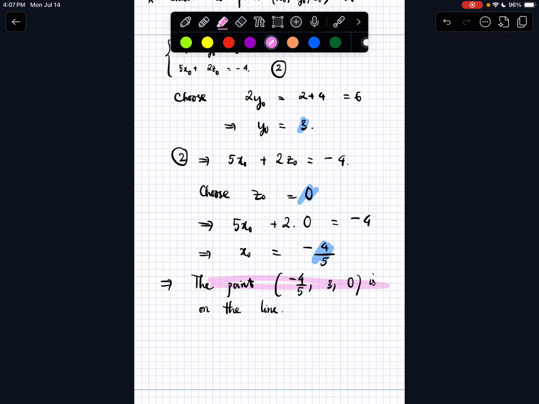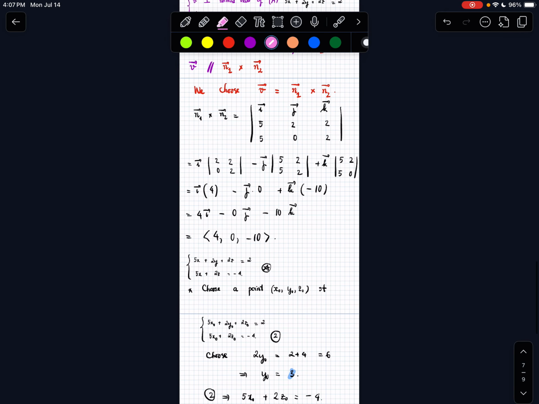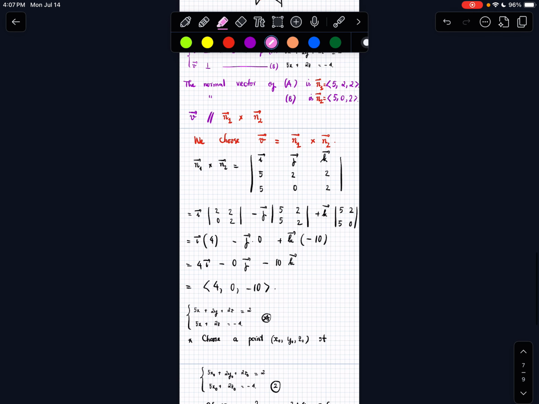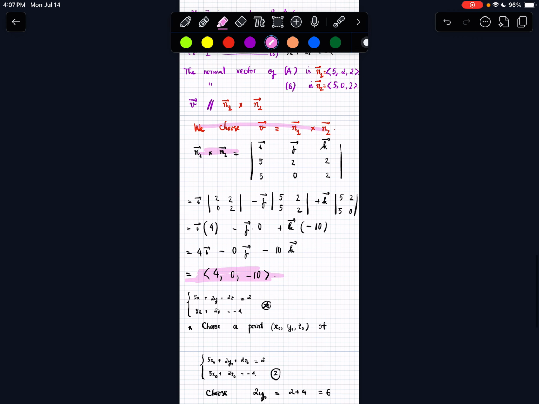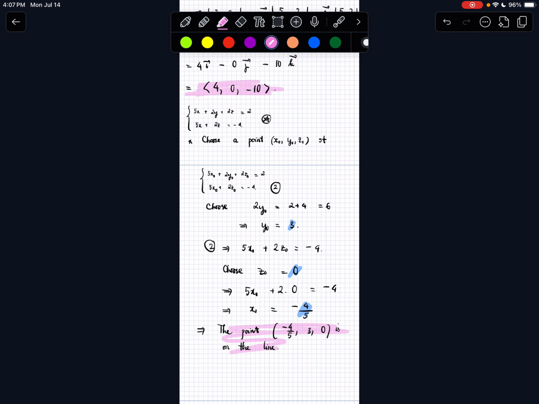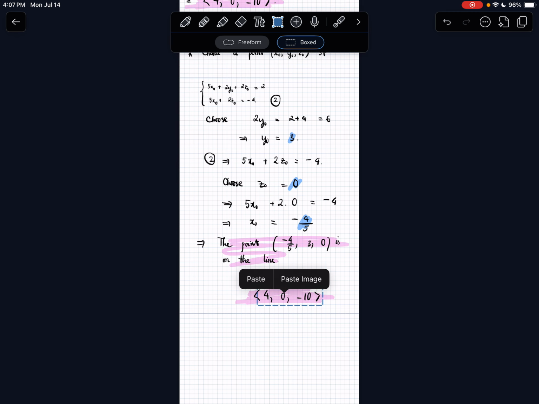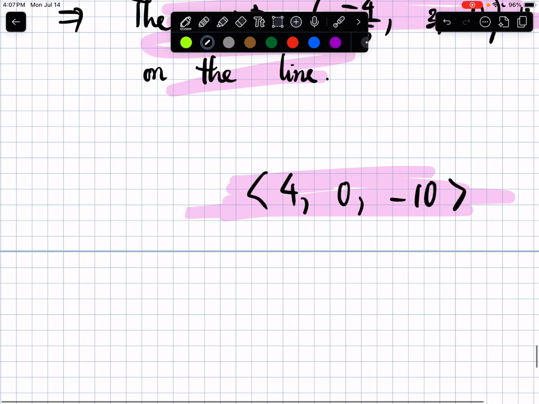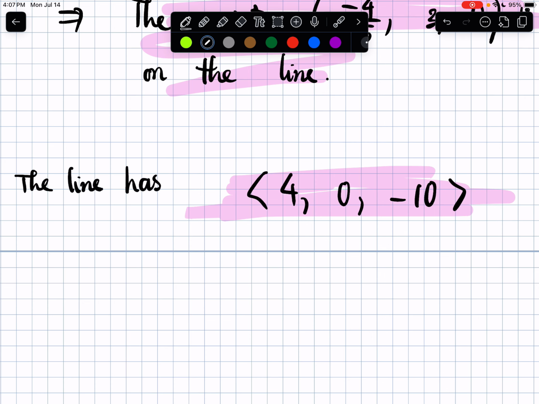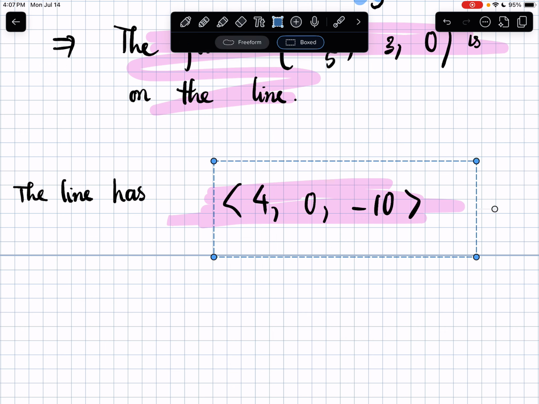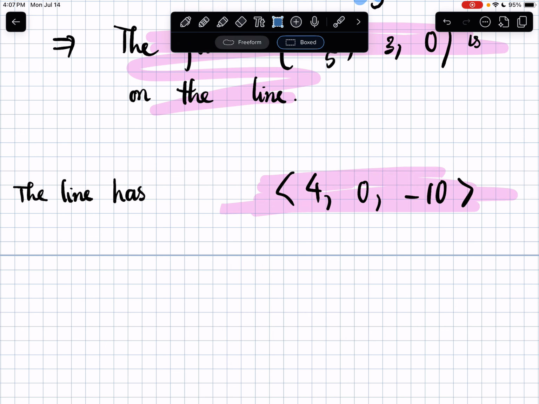This is a point on the line, and this is the direction of the line. So the line has a direction parallel to this vector, say v equal to this.